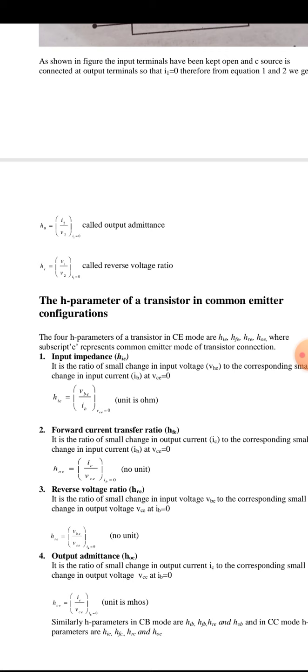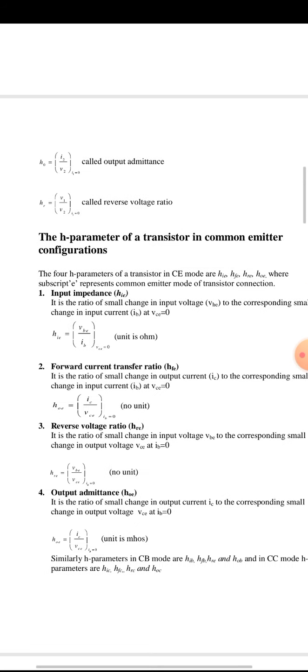Then HFE is equal to IC upon IB, that is, output current upon input current. The output current is the collector current, and the base current is the input current. HFE is equal to IC upon IB, under the condition that the output voltage is 0, meaning the circuit is shorted: VCE is equal to 0.